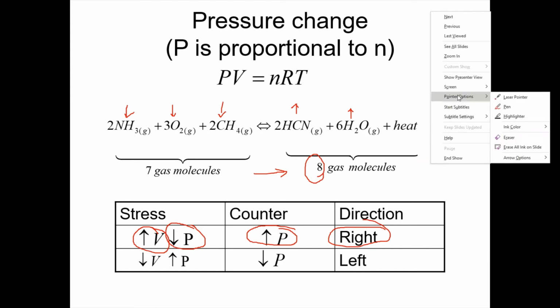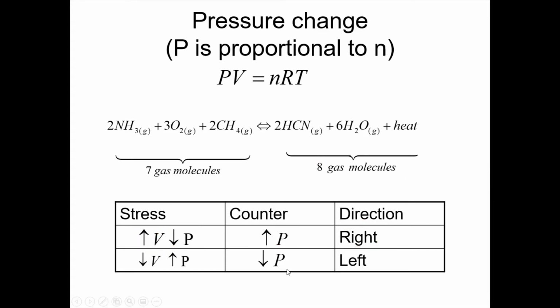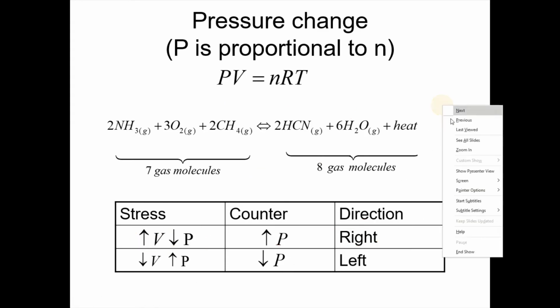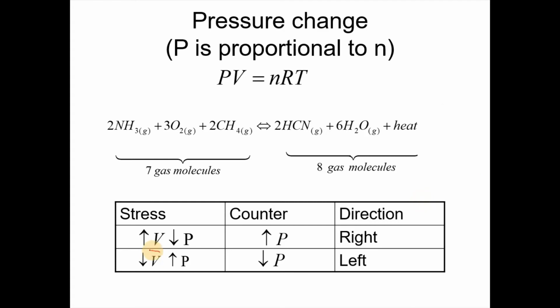Let me go ahead and erase all of it. Now, if you decrease the volume, in other words, you compress the gases, just jam them together, you're increasing the pressure. And so the reaction feels an increase in pressure. The reaction wants to do the opposite. It wants to decrease the pressure.